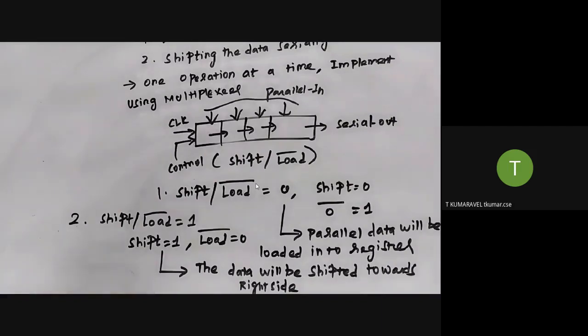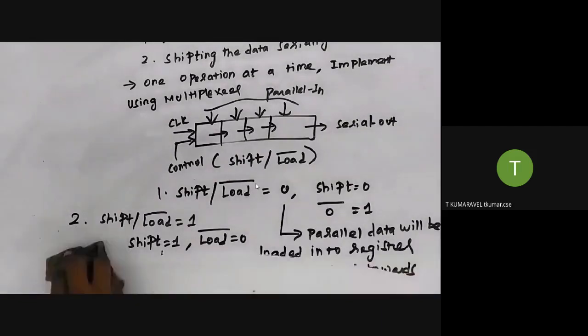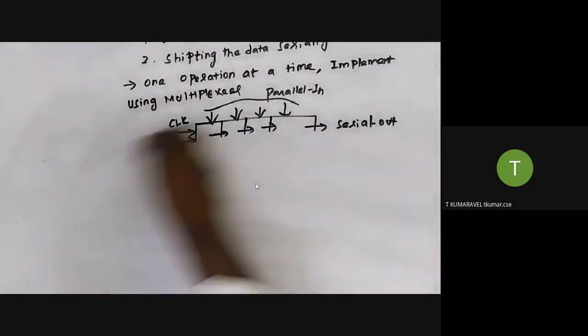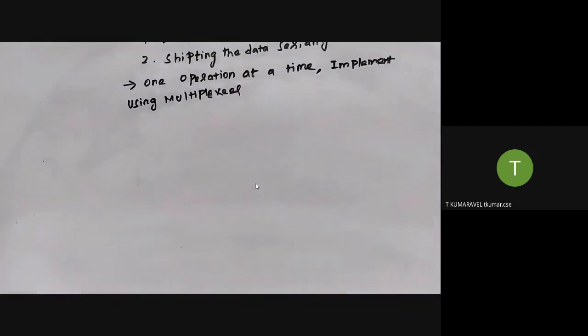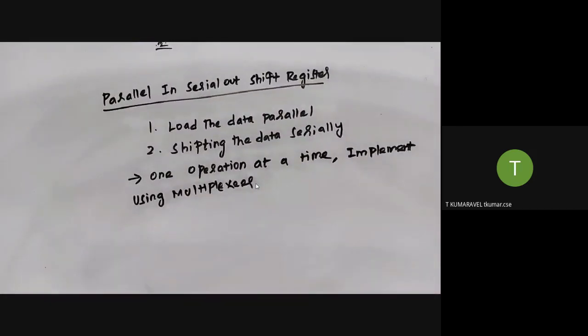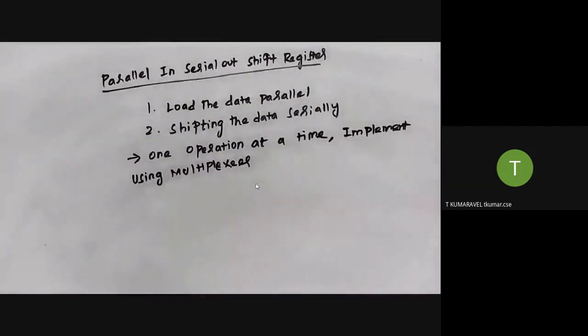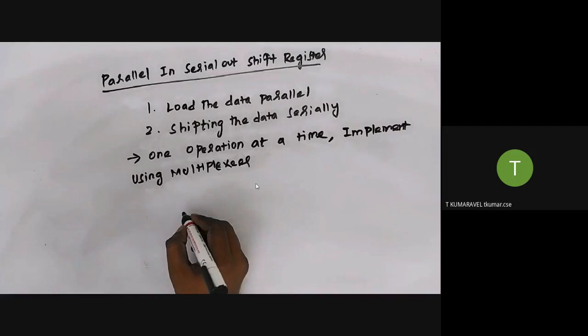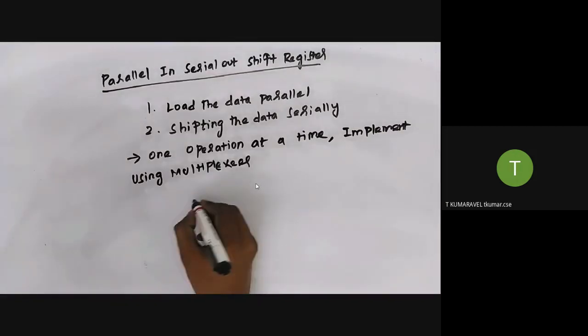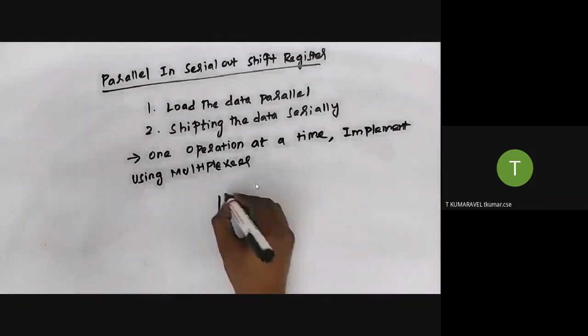So we are using the control signal called shift comma load. Suppose we provide input as 0, it accepts the data from the user. Suppose 1, it shifts the data towards the right side direction. In order to implement that control signal, we use a multiplexer.